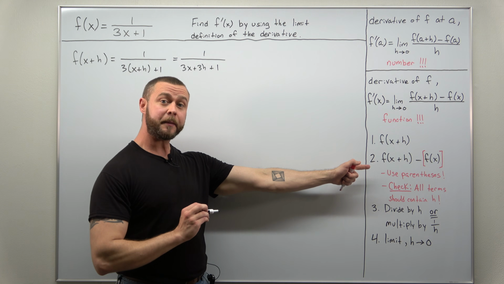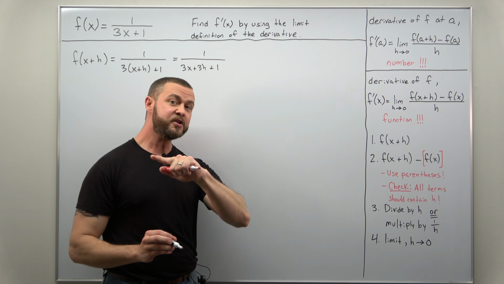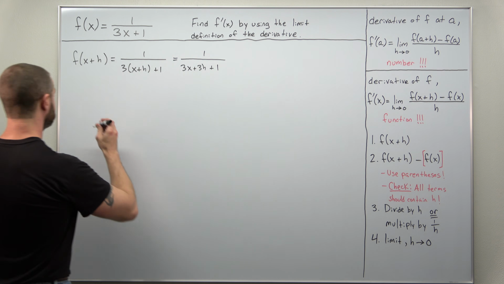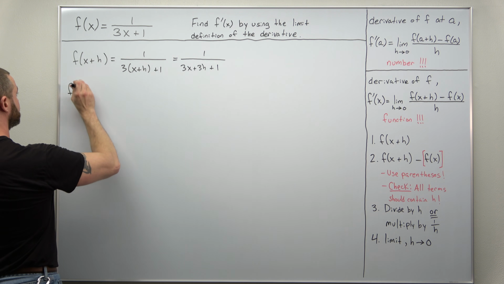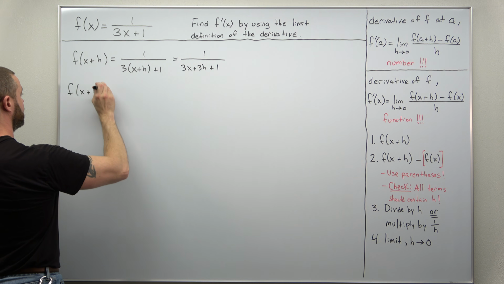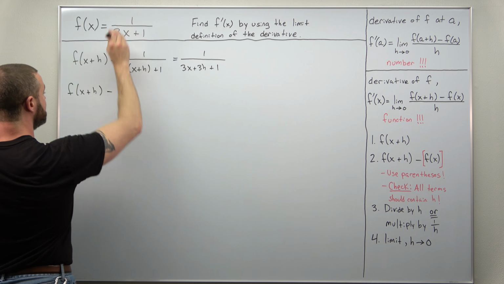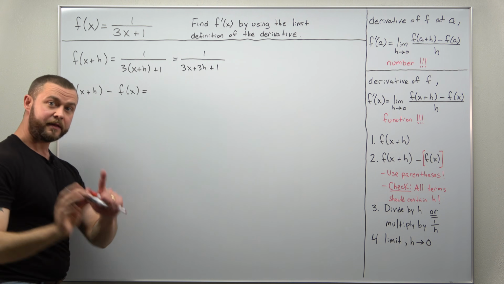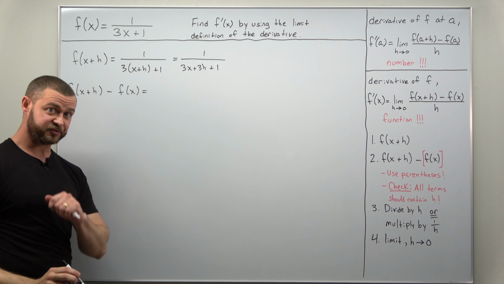Now we're going to move on to step 2, taking that expression and subtracting the original function f of x. All right, so we have f of x plus h, and we're subtracting f of x. And this step is where all the work is for this problem.